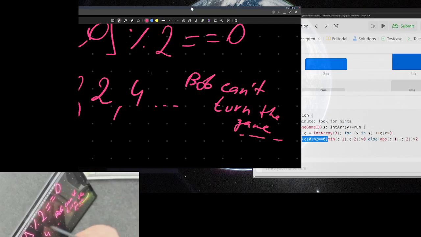Basically, if Bob uses one of the flippers, Alice immediately uses another one, and this is how it gets mitigated.